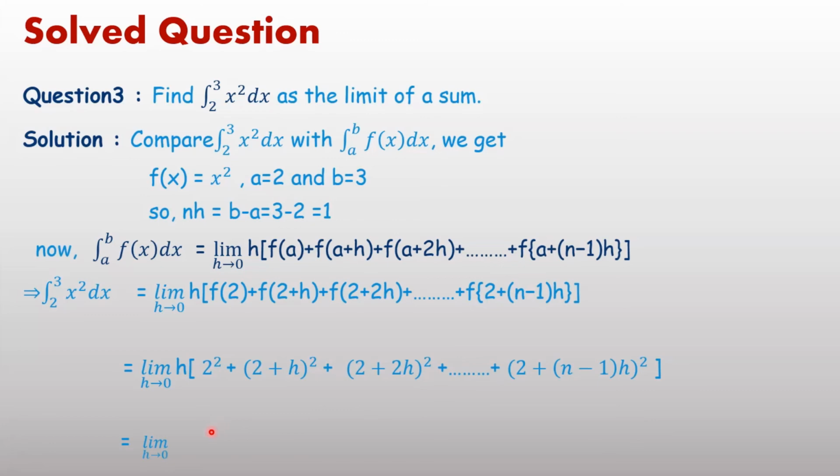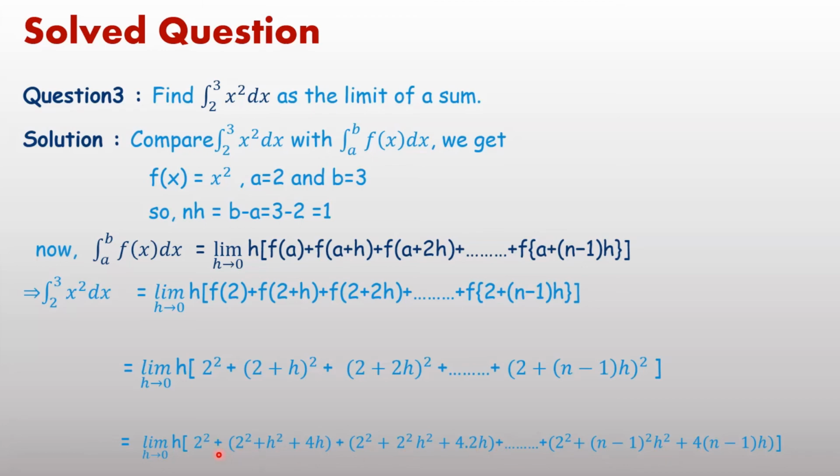Then the next step: limit h tends to 0 of h times [2 square...]. Here apply the formula (a plus b) whole square equals a square plus b square plus 2ab. So we get 2 square plus h square plus 2ab, meaning 4h. Then the third step: 2 square plus 2 square h square plus 4 into 2h.